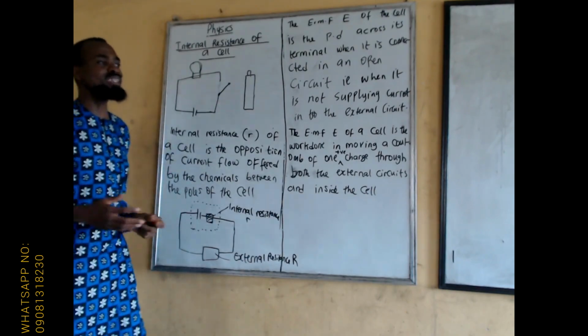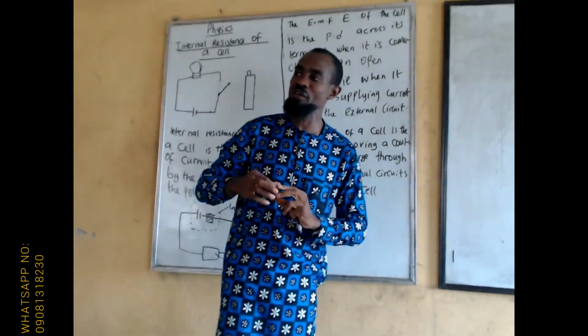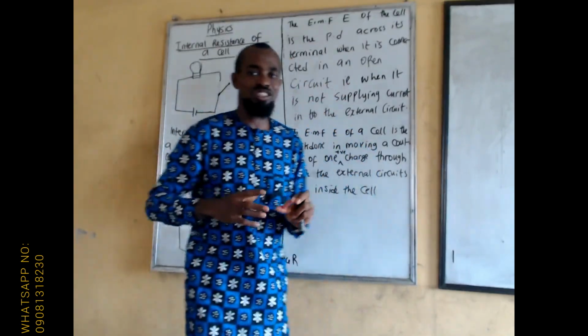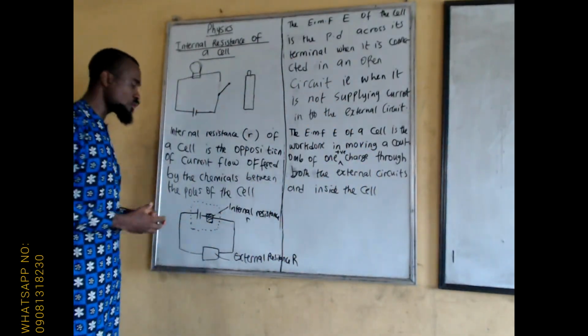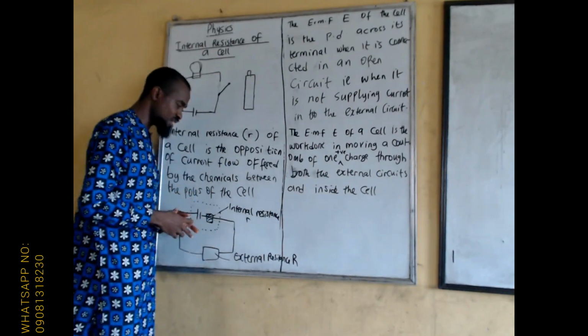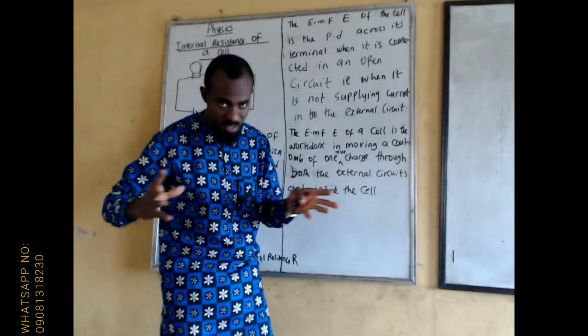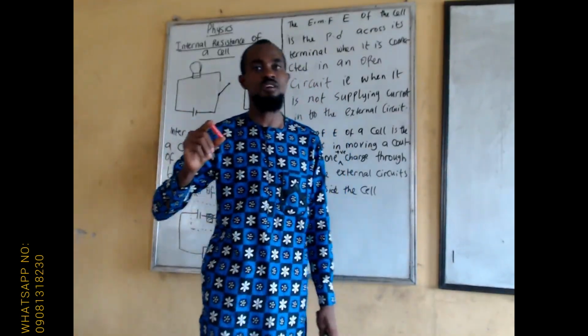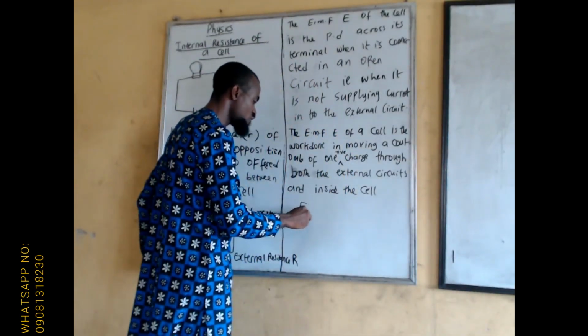So if you want to really get the EMF of a cell, the way it's designed, you have to look at the potential difference across the external circuit together with the potential difference inside the cell. Summing it up will now give you the original EMF of the cell. And that is why we have this formula.